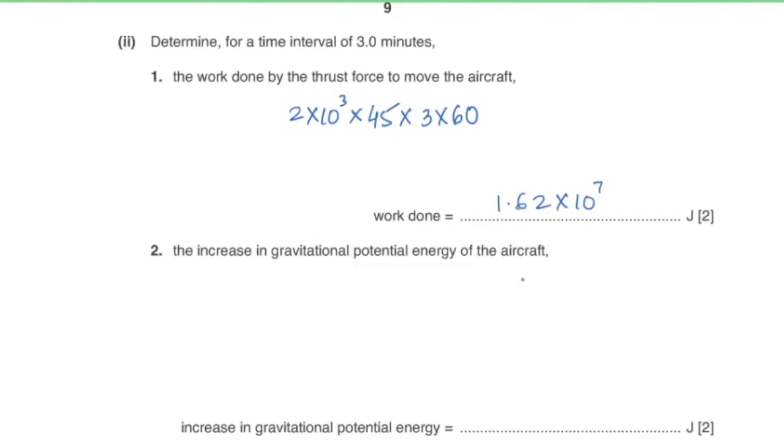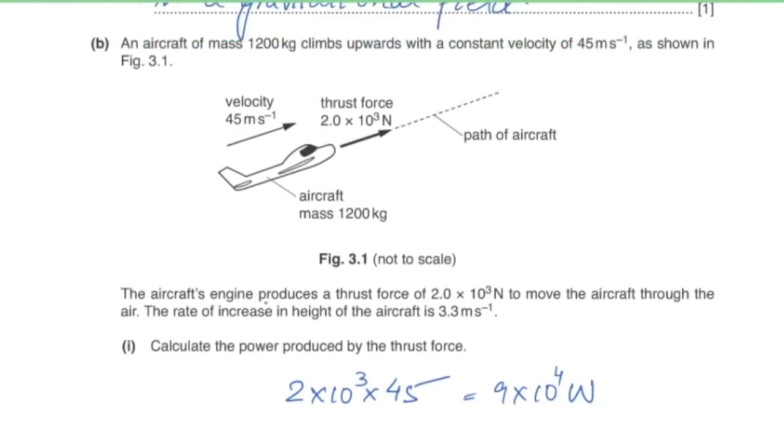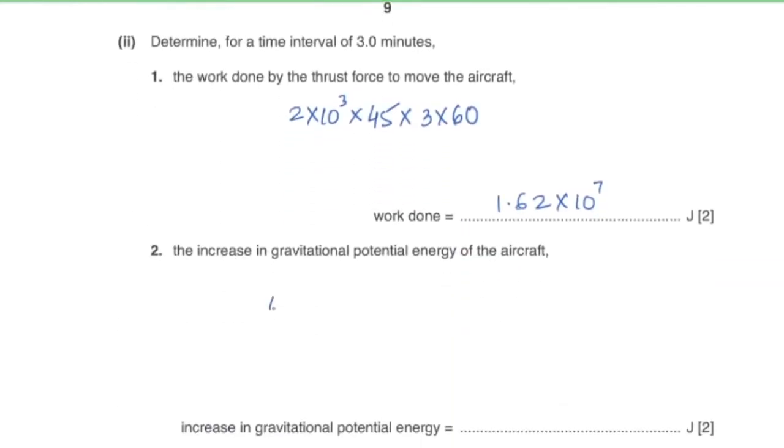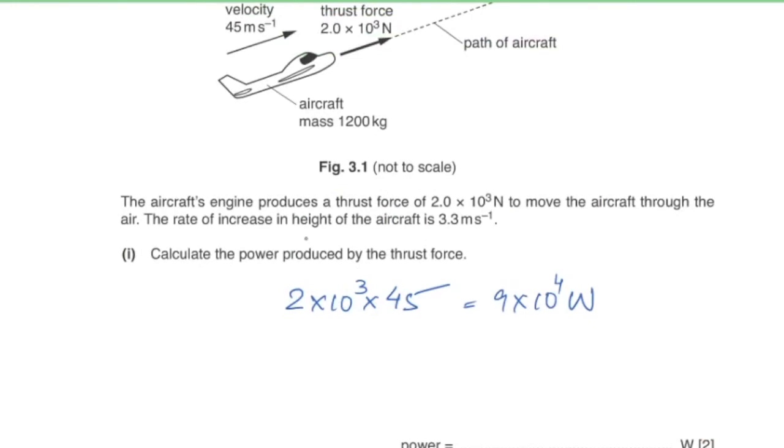The increase in gravitational potential energy of the aircraft is going to be equal to the mass of the aircraft, which is 1200 kilograms, multiplied by 9.81, and the height it rises in the interval of 3 minutes. Over here it is said that the increase in height is 3.3 meters every second.